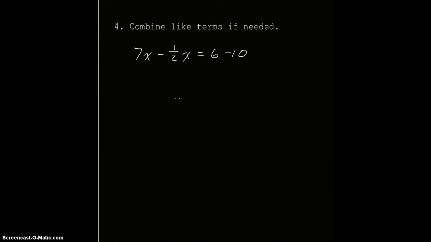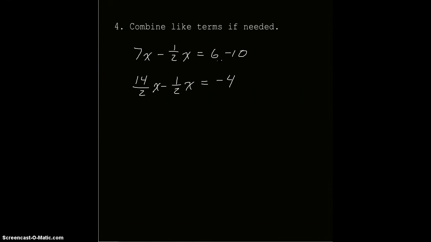Alright, the next step says I'm going to combine like terms if needed, and certainly you can see that we do need to. I'm going to change this. Instead of saying 7 minus 1/2 x, I'm going to make that 14 over 2 so that I have a common denominator, which is what I need if I'm going to add fractions, right? And I'll go ahead and do this side. The right hand side would be minus 4, correct? 6 minus 10.